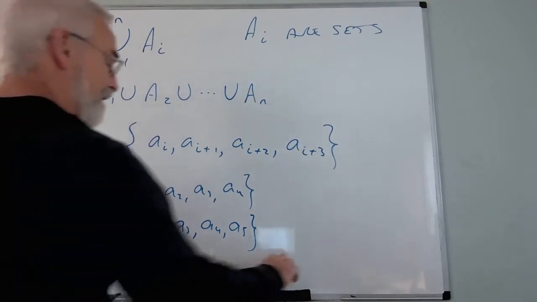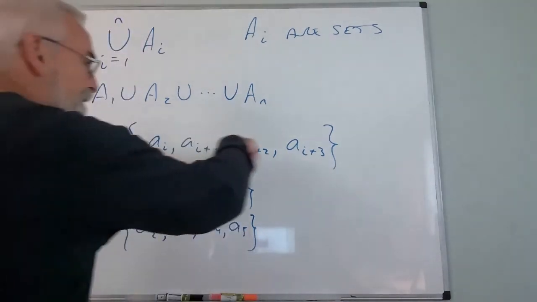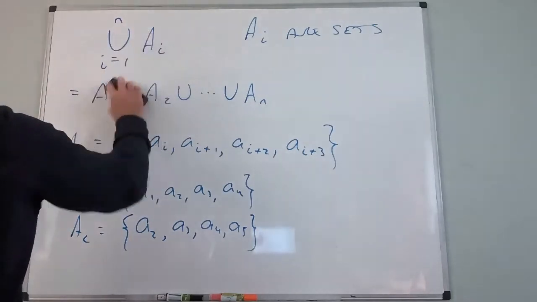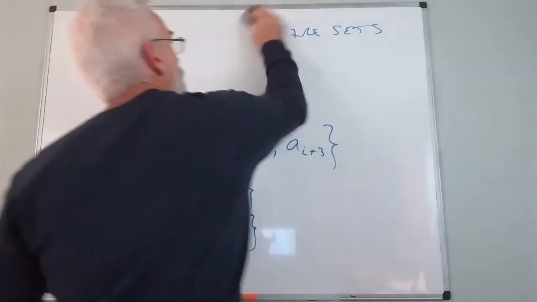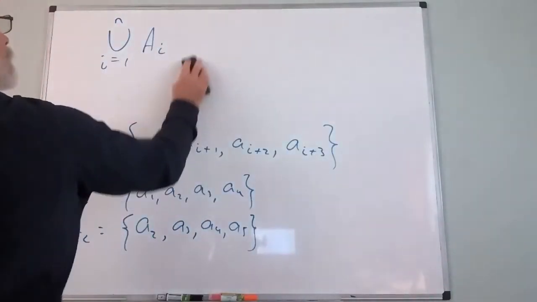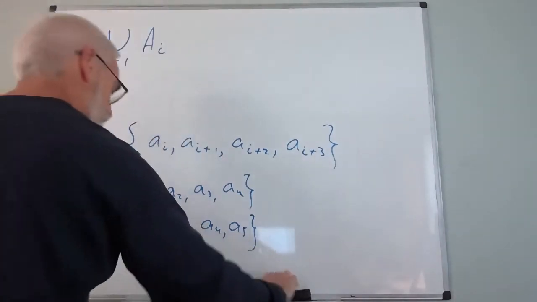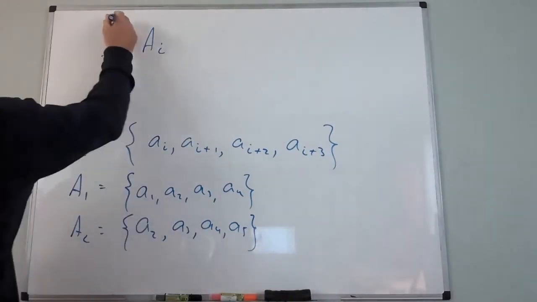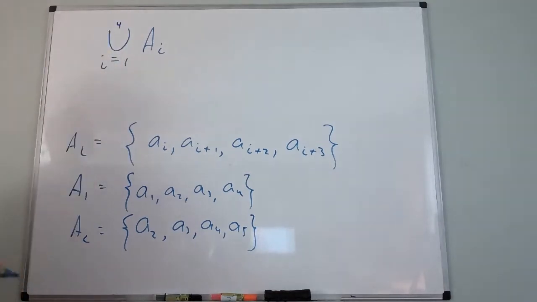So let's say in this context, with this definition of A_i, let's keep it simple, i equal 1 to 4. So I want A_1 union A_2 union A_3 union A_4.